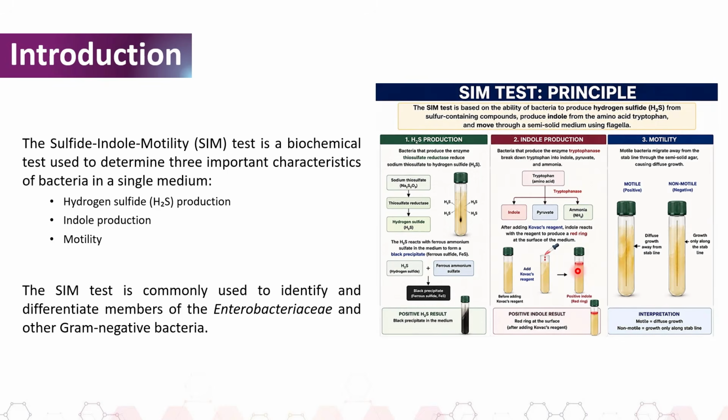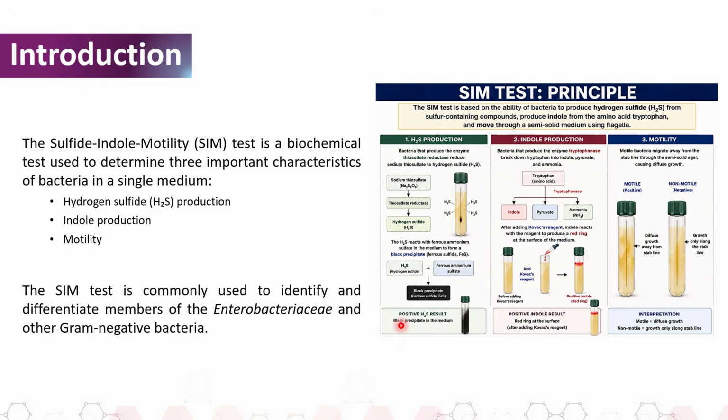And for the motility, motile bacteria migrate away from the start line through a semi-solid agar, causing diffuse growth. So for a motile or a positive result, growth diffuses away from the start line as shown over here. And for a non-motile bacterium or a negative result, growth occurs along the start line.